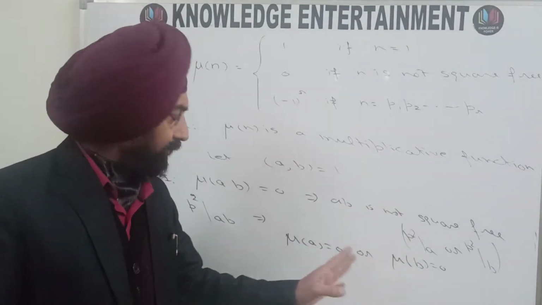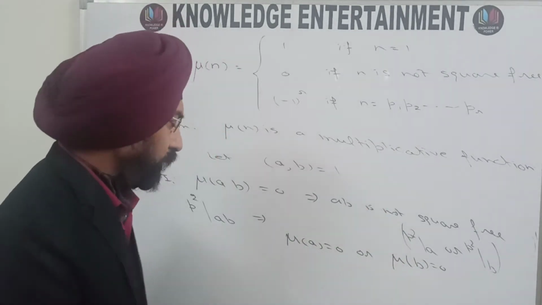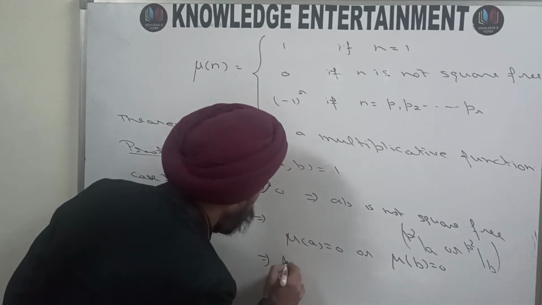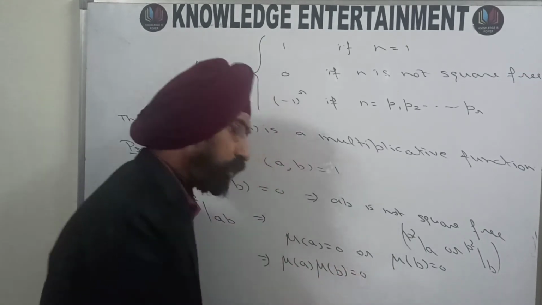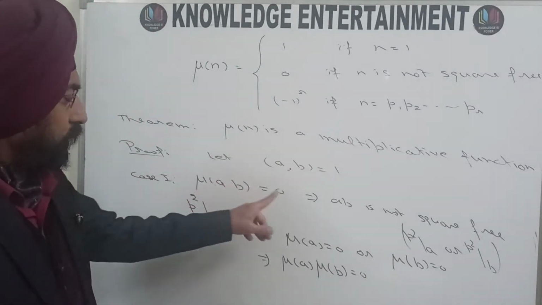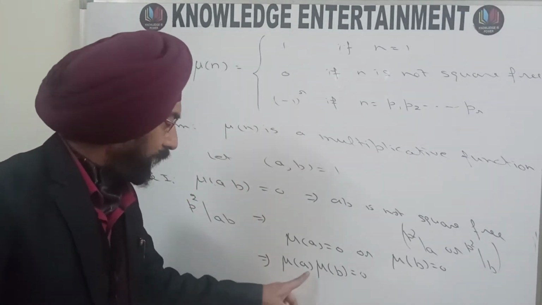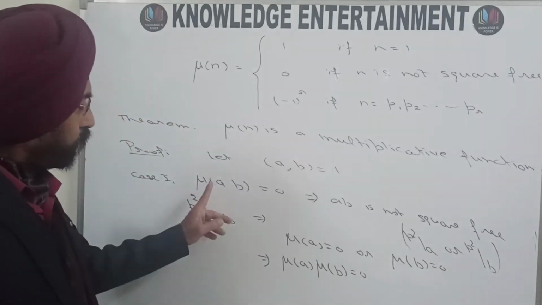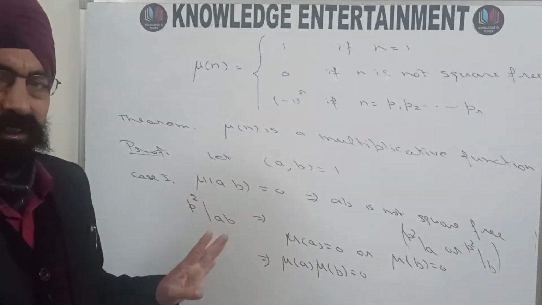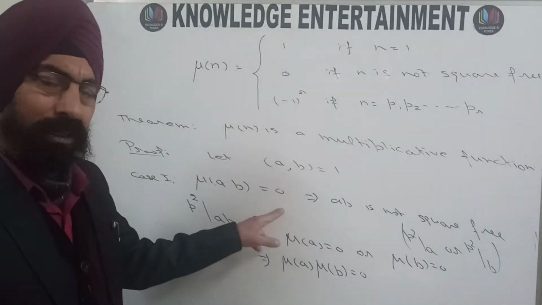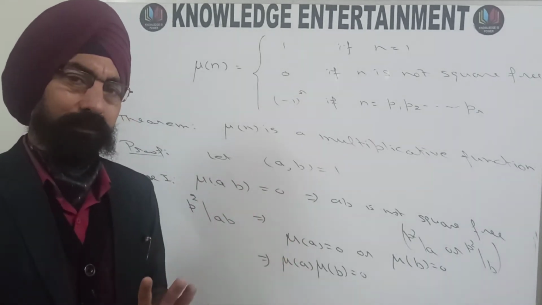In either case, you get mu A into mu B is equal to 0. Mu AB is equal to 0 gives you mu A into mu B is also equal to 0. So mu AB is equal to mu A mu B in this case. It is the first case we have discussed.